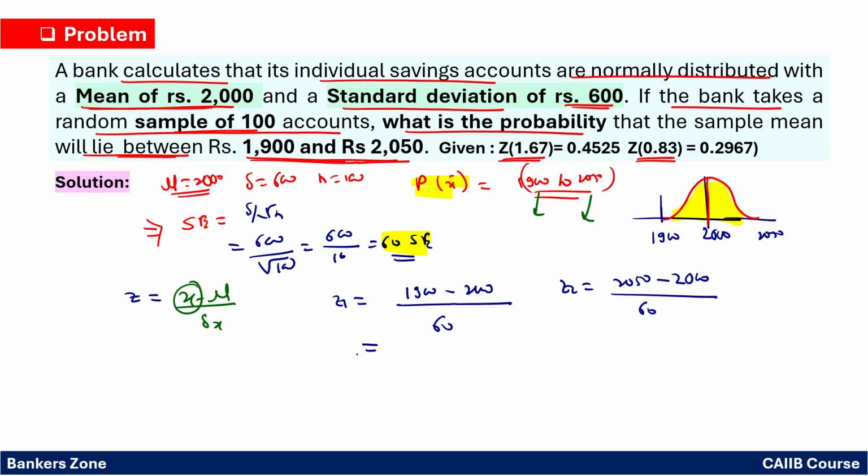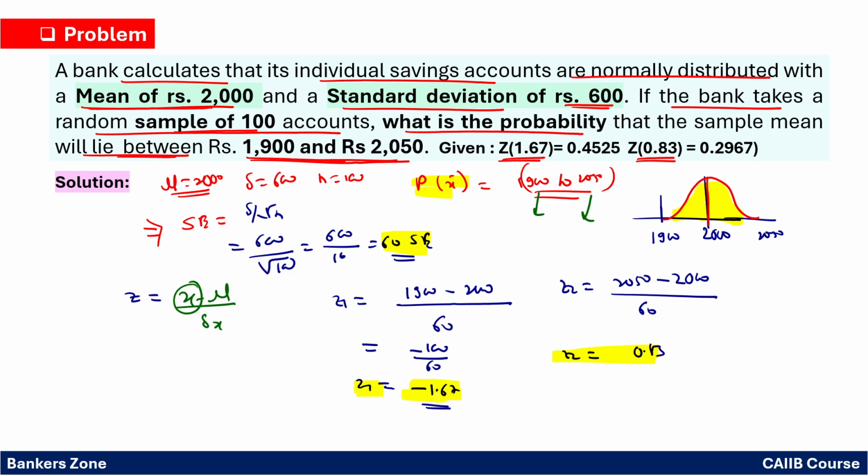So the value of z1 will be minus 100 upon 60, so it will be say minus 1.67. The value of z2 you will get 50 by 60, right? So it will be 0.83. This is the value of z1 we got, and this is the value of z2 we got, right?